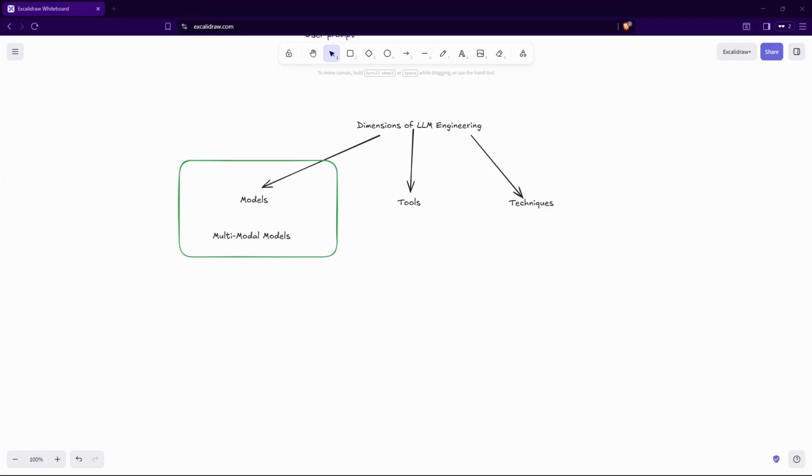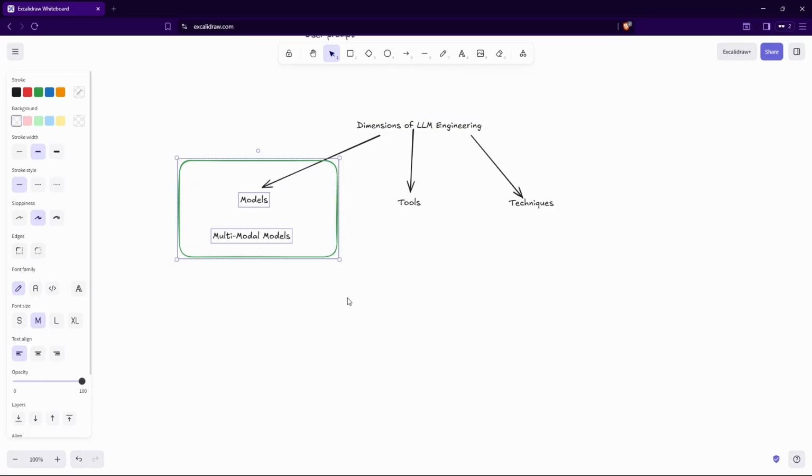Okay, so far, until the end of day 2, week 1, we saw system prompts, user prompts, and dimensions of LLM engineering. We took a small dive into the models part. We checked open and closed models and multimodal models.